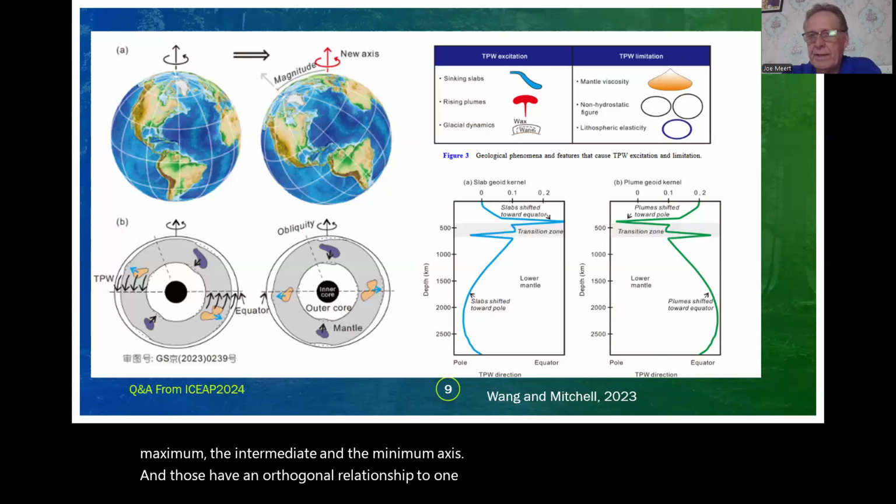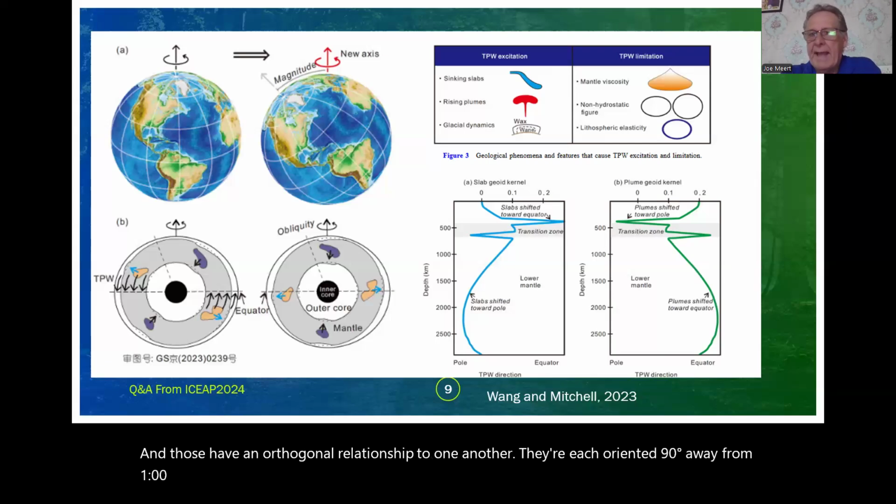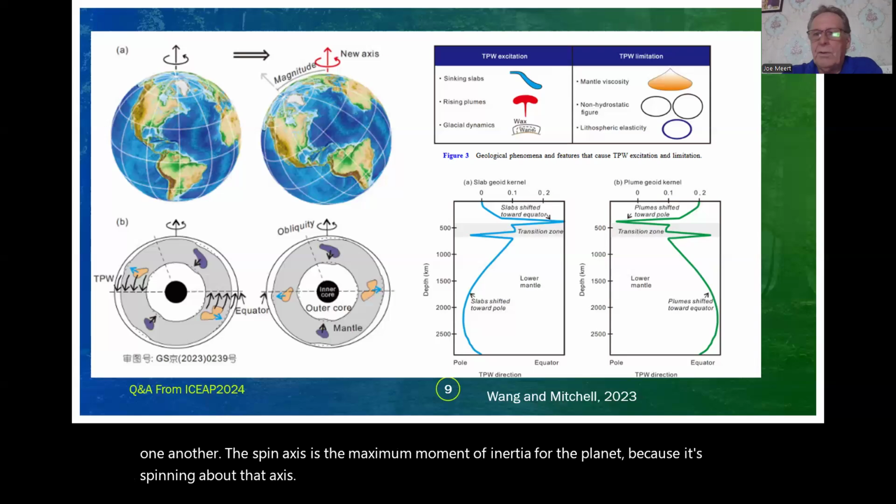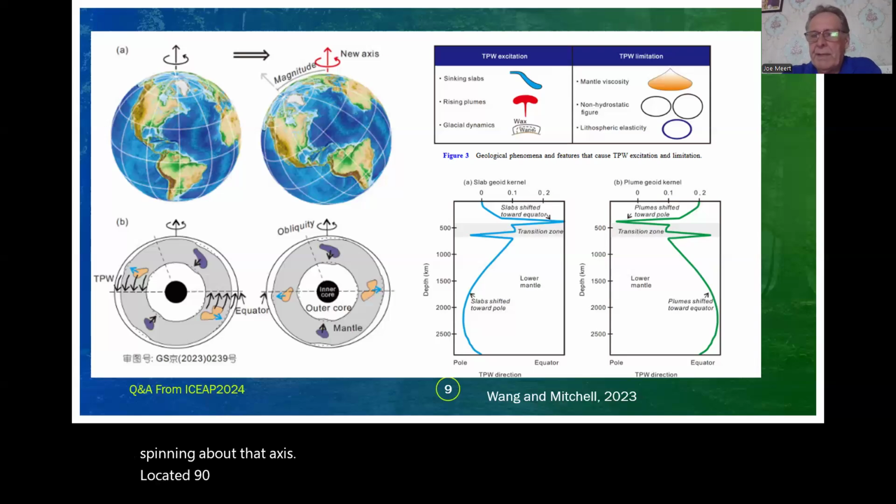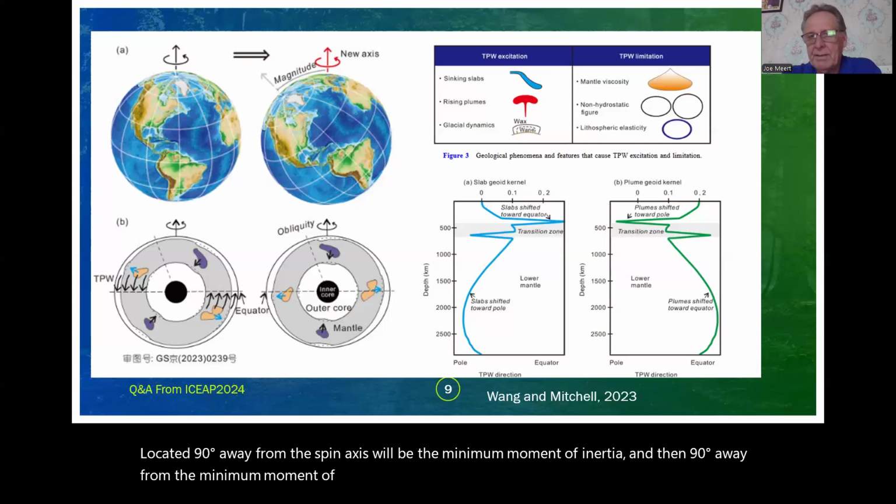They're each oriented 90 degrees away from one another. The spin axis is the maximum moment of inertia for the planet because it's spinning about that axis. Located 90 degrees away from the spin axis will be the minimum moment of inertia. And then 90 degrees away from the minimum moment of inertia will be the intermediate moment of inertia.